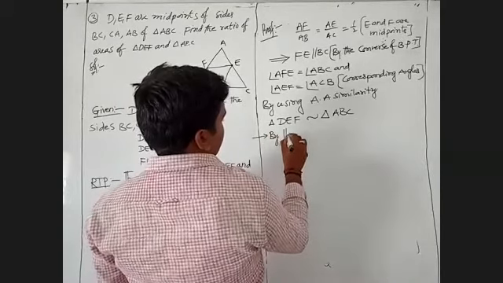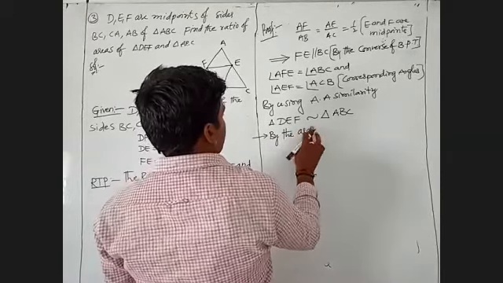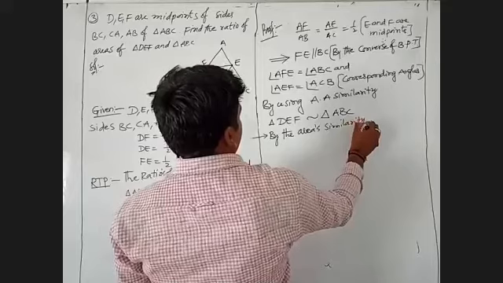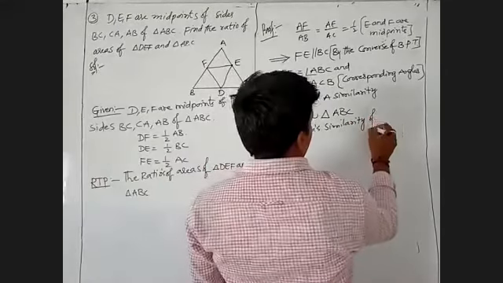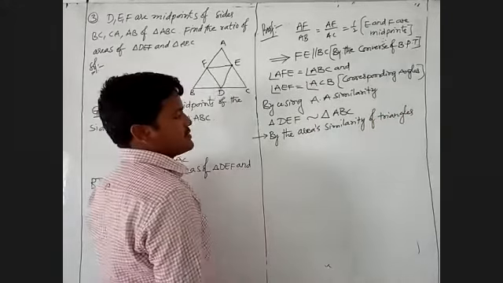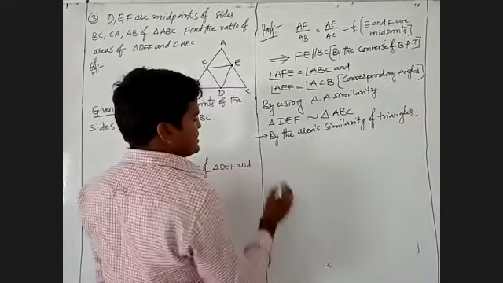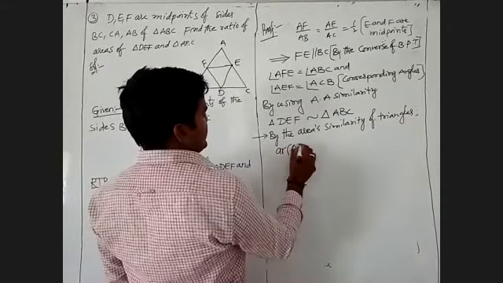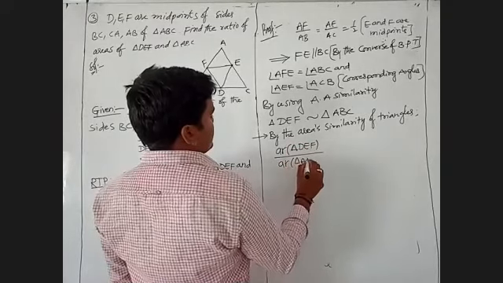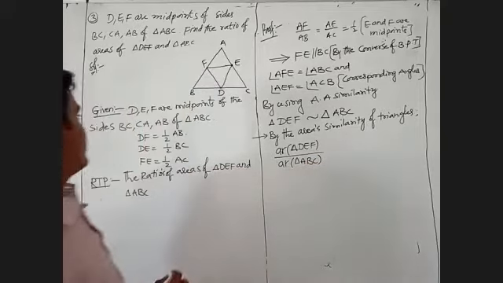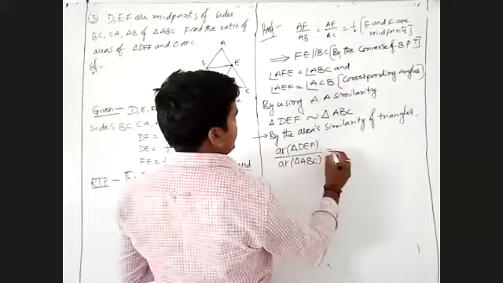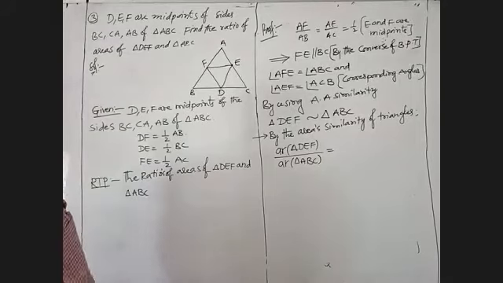By the theorem on areas of similar triangles, we will get area of triangle DEF by area of triangle ABC is nothing but the ratio of squares of the sides.